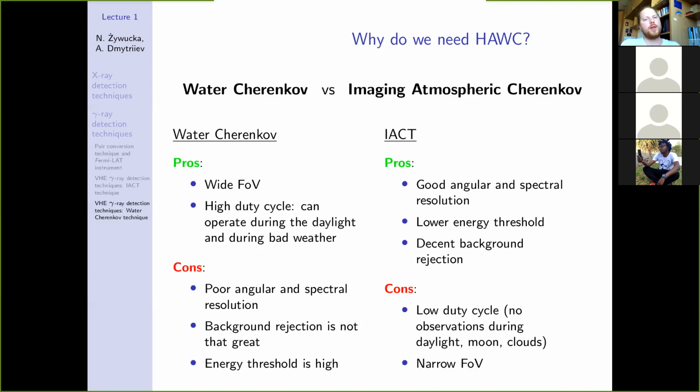Yeah, so the observation during the daylight. Another thing I didn't mention: you don't only want to detect the Cherenkov light over the background light, which is absolutely impossible when you have daylight, which is many orders of magnitude brighter.